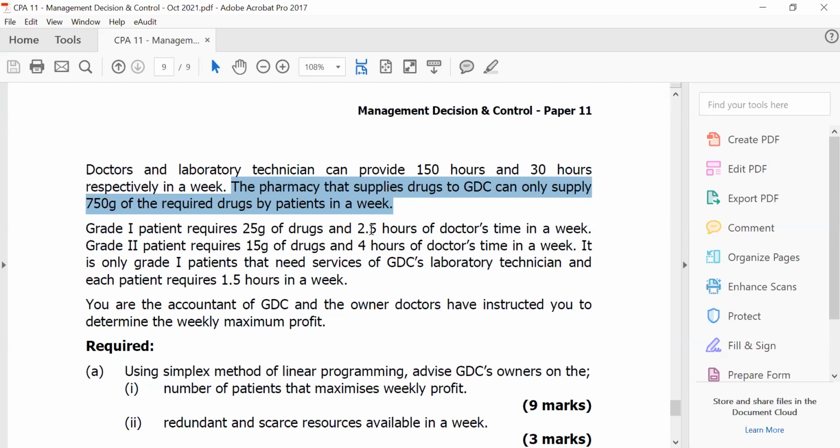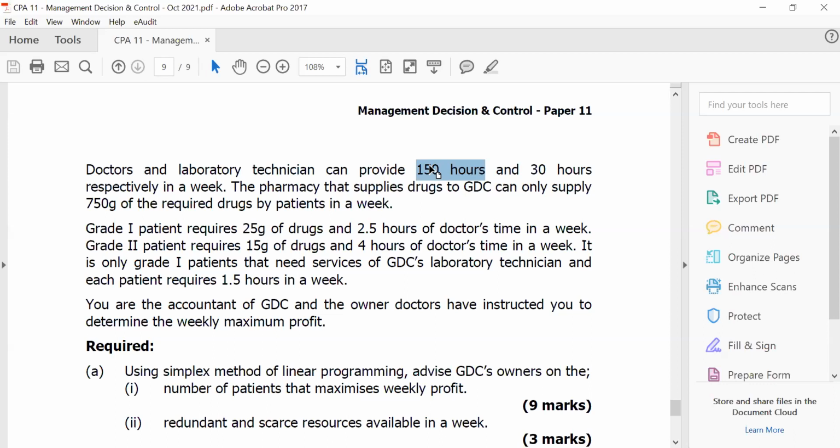Let's look at the doctors. So we are going to first look at the category of the doctors' time hours. The doctors can only provide up to 150 hours. So it means that the grade 1 and grade 2 patients have to fit within the 150 hours.